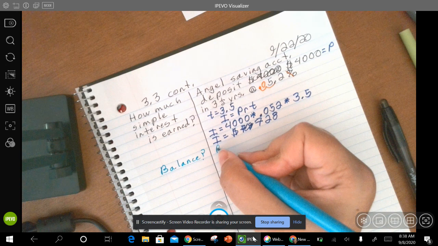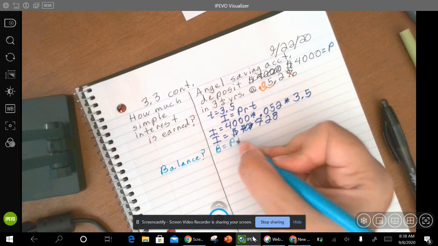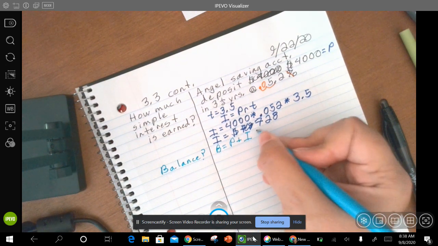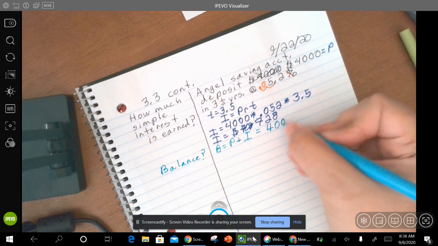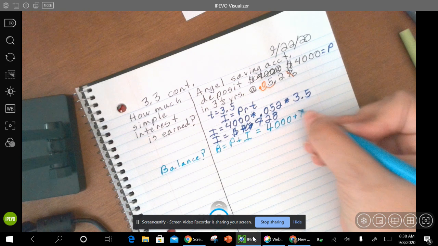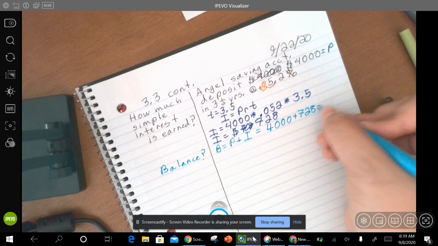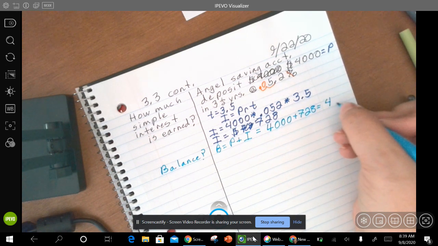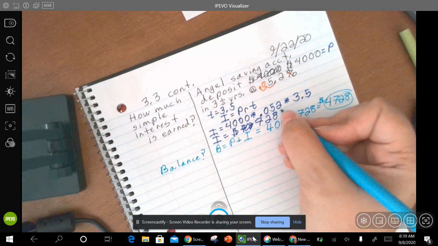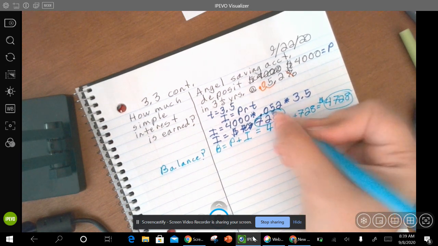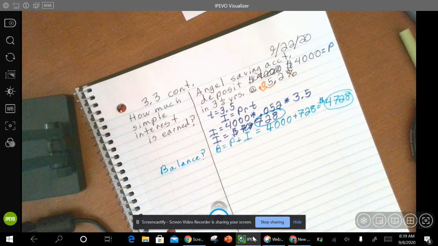Remember, balance is going to be equal to the principal plus the interest. So it's going to be 4,000 plus 728. So Angel would have $4,728 in his account. So that would be the balance. And this would be the principal.